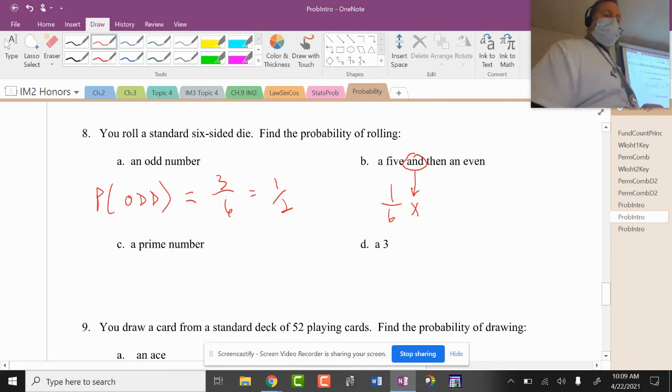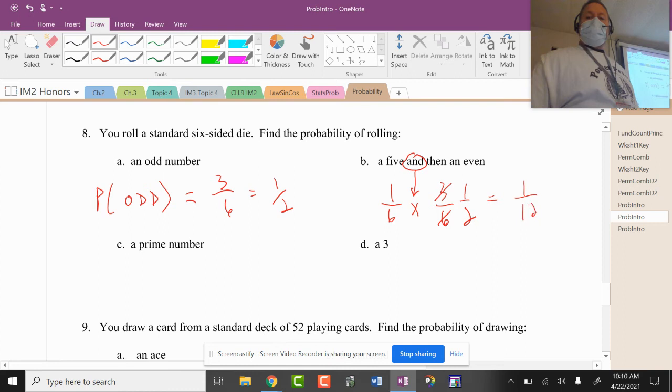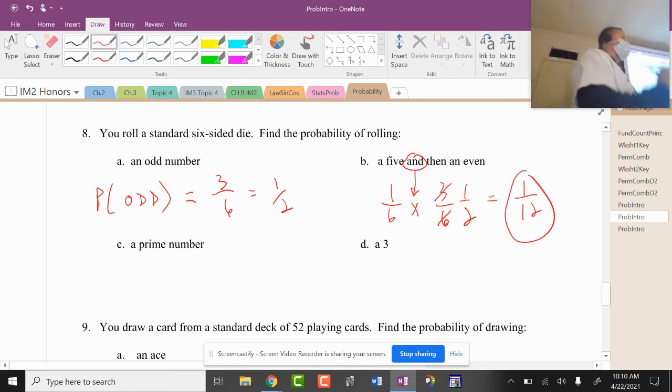There's a 1/6 chance of rolling a 5, and then an even number, there's a 3/6 or half. But getting these both to happen in successive rolls, there's a 1/12 chance of that happening, which is smaller than 10%. All right, that's the point. That's why "and" is multiply.